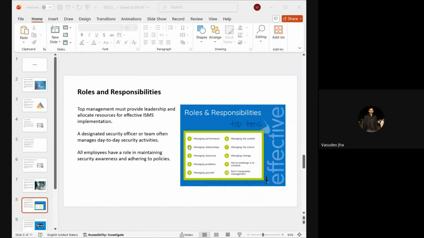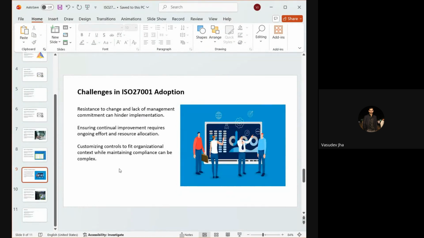Okay, great. So the roles and responsibilities are completed. Then we have challenges in ISO 27001. First, resistance to change and lack of management commitment can hinder the implementation.